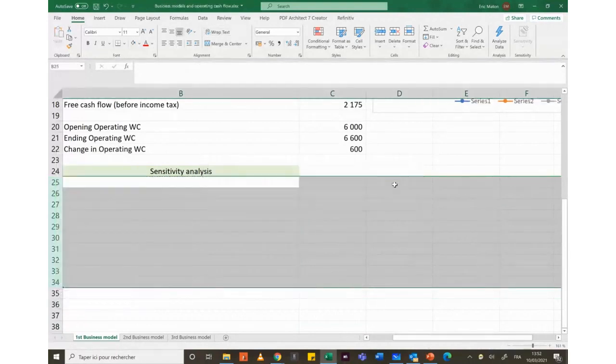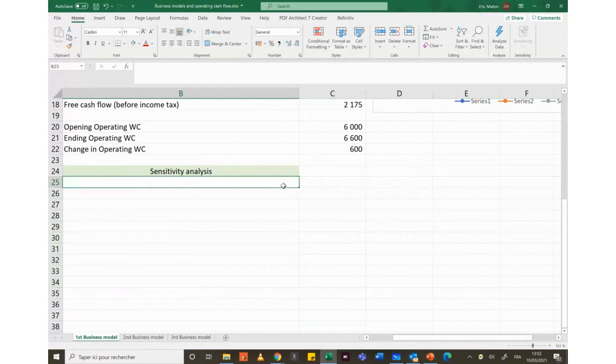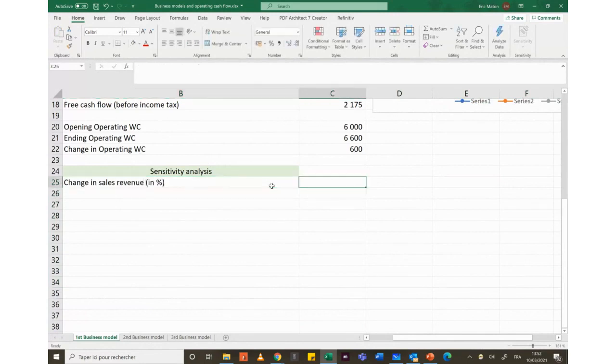Okay, yes, exactly. I take now the change in sales revenue in percentage. I want now the EBITDA, the change in operating working capital, the operating cash flow, tax, and the free cash flow.